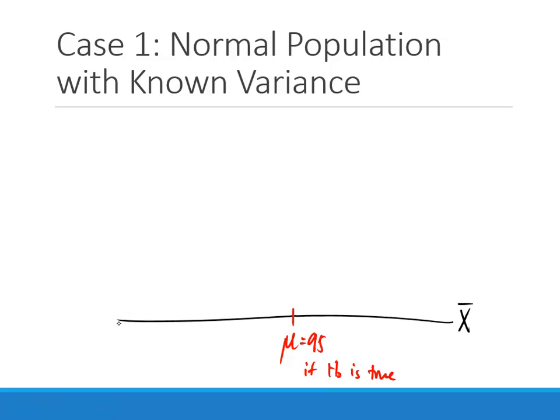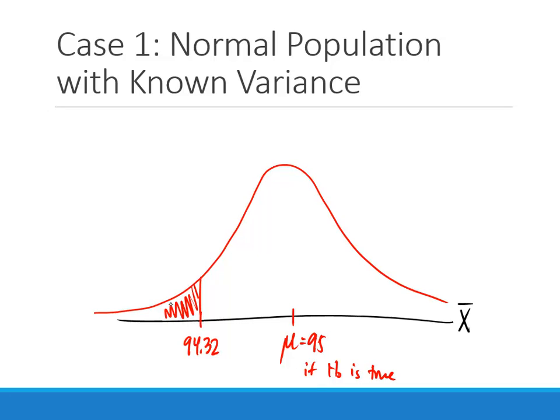So the curve will look something like that. And the X bar that we actually observed was down here at 94.32, and so we found our p-value was there.